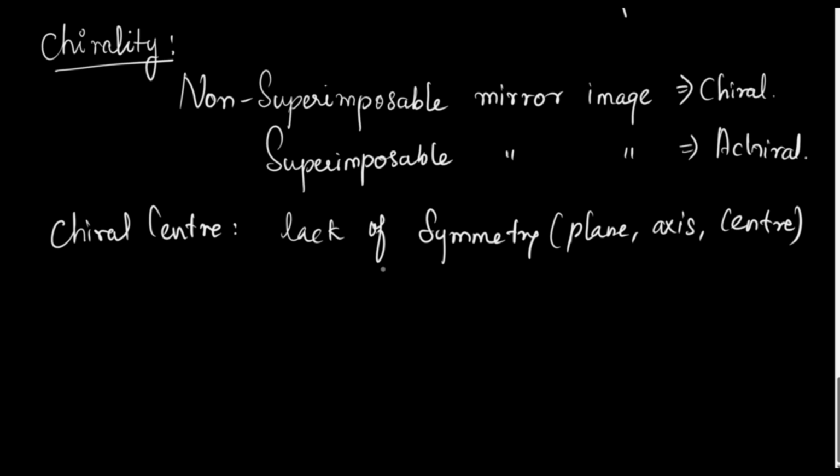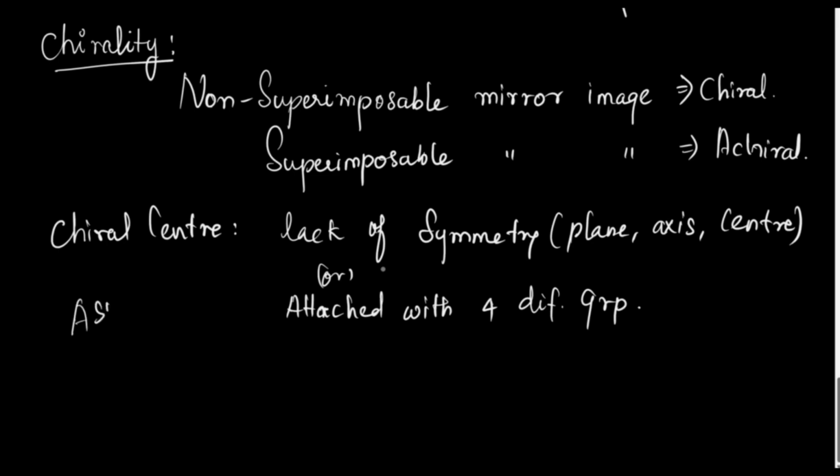Which lacks symmetry, then that is an asymmetric carbon, and if that is attached with 4 different groups, I'm talking about carbon, that's why I'm mentioning 4, then that is a chiral center or asymmetric center. Lack of symmetry means asymmetric center, attached with 4 different groups means chiral center.